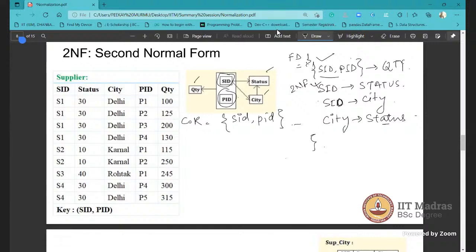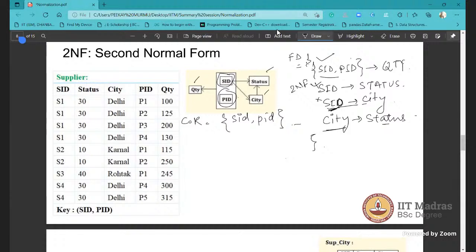Similarly, this is a proper subset of the candidate key. Is it clear to you how this is not in the second normal form? Because a partial dependency is there. This one is not a proper subset of the candidate key, so it may be in the second normal form.